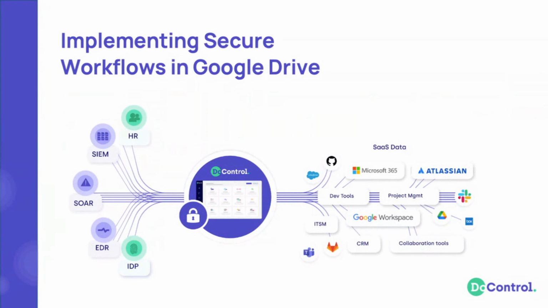And why should you implement DoControl? What's the value add for Google Drive instances? We provide a foundational layer of preventative controls to protect that sensitive business critical data and files within Google Drive environments. So we integrate with Google Drive to secure all the shared data and files that are accessed by every identity, every entity, both internal employees, as well as those third-party collaborators.